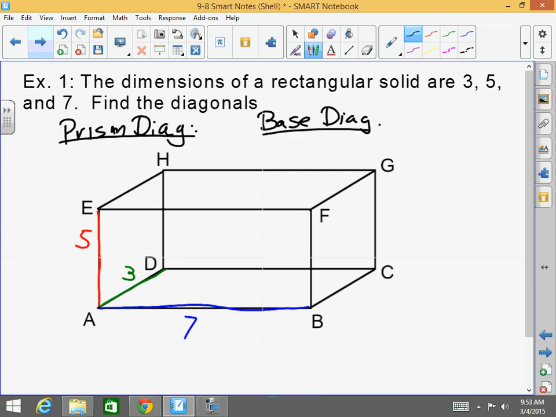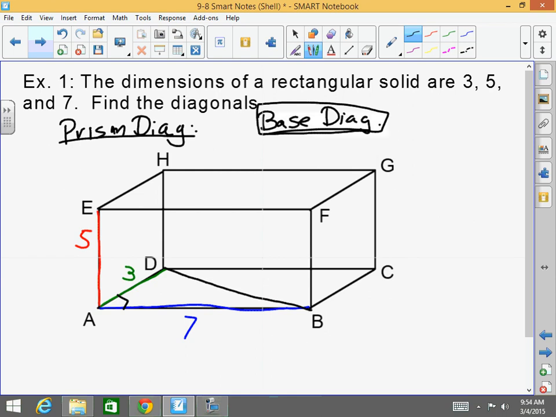Okay? Now, this is a rectangular solid. So that means the base here is a rectangle. So this is a 90 degree angle here. So the first thing I'm going to do is find the base triangle. So I want to find BD.